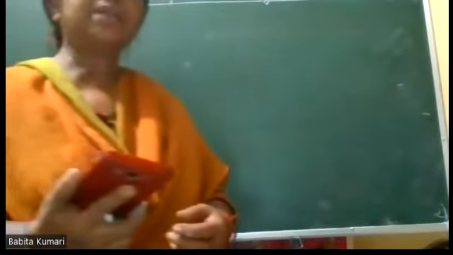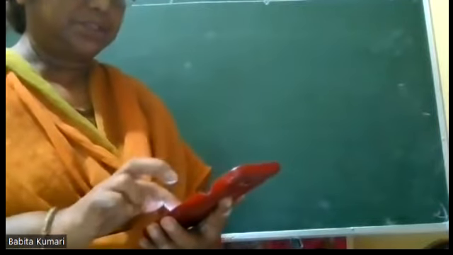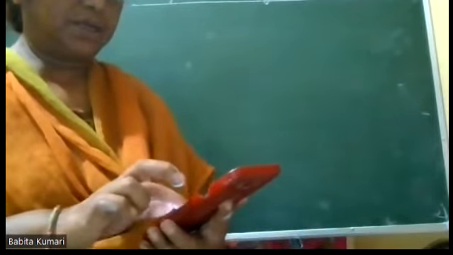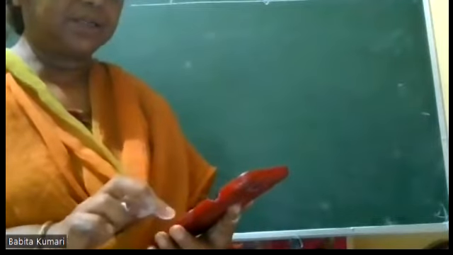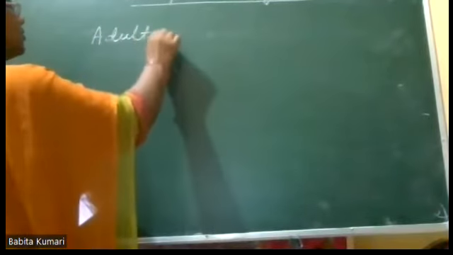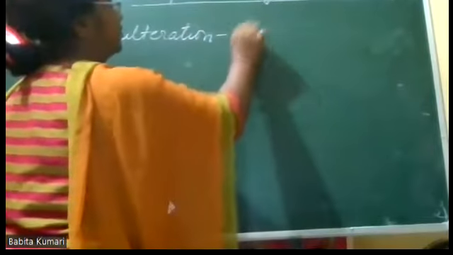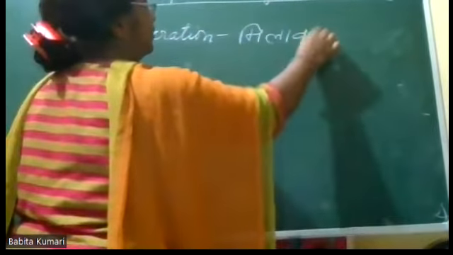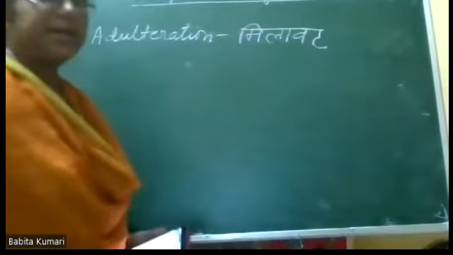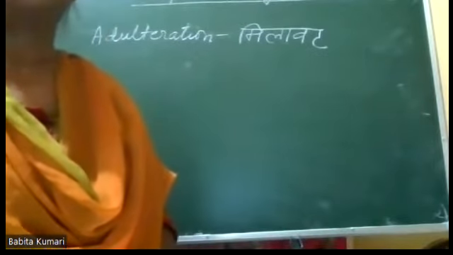All right. Next, we will talk about separating the components. There is one word, adulteration. Adulteration का मतलब होता है मिलावट. क्या चीज का मिलावट? जैसे कि खाने में कुछ नकली चीज मिला देते हैं.